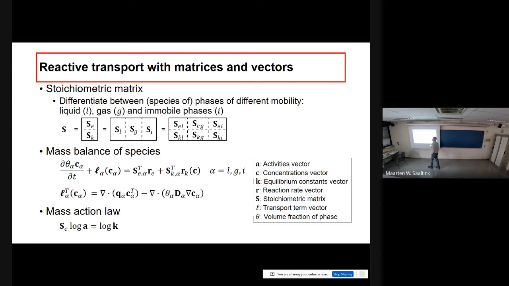The kinetic reactions are a function of concentrations, and are different from the equilibrium reactions. I have to apply the mass action formula, which is also in the stoichiometric matrix and the vector of activities.